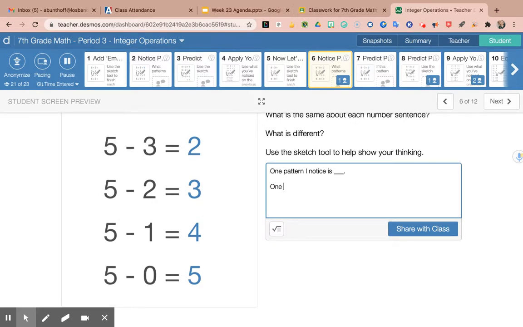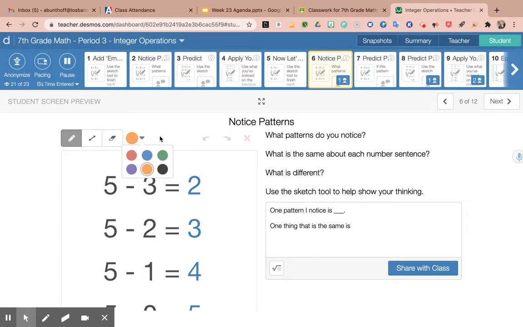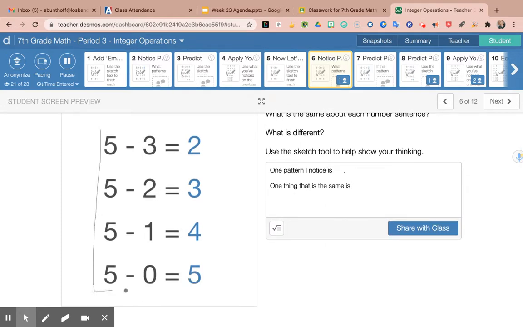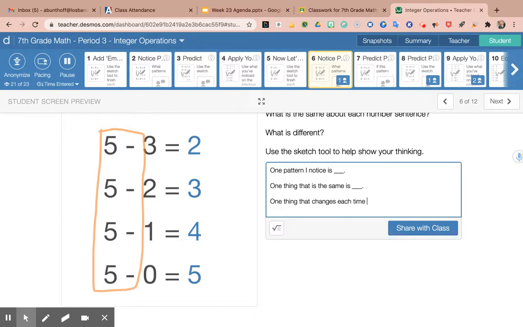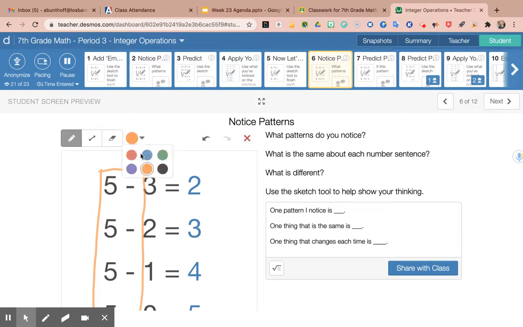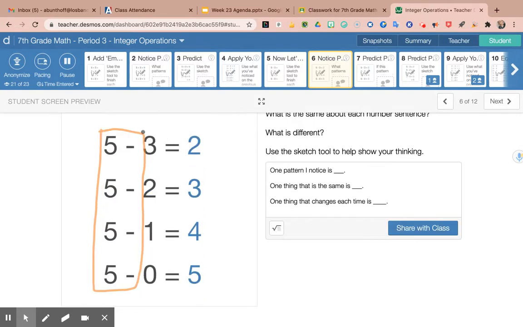So one thing that is the same is, so what stays the same? And then what's changing each time? One thing that changes each time is, so what stays, what changes, and what pattern do you see?